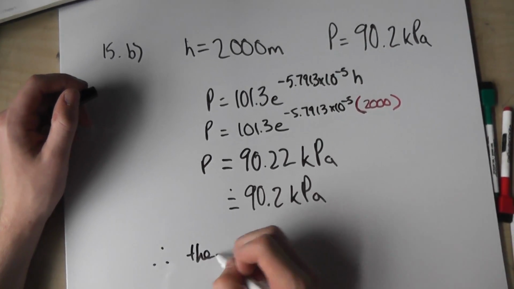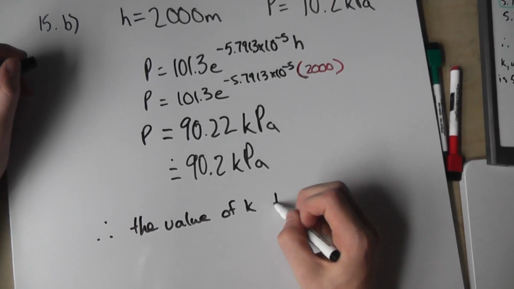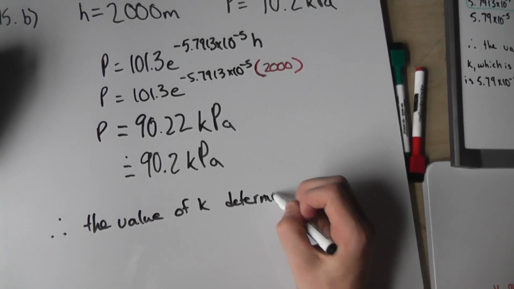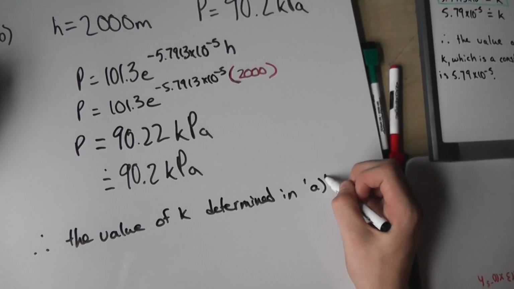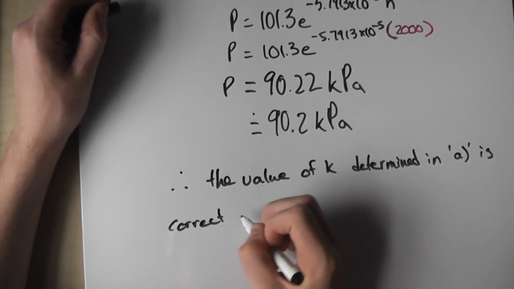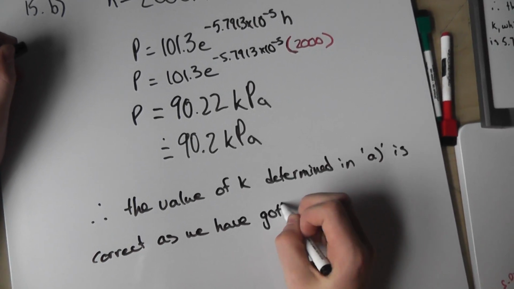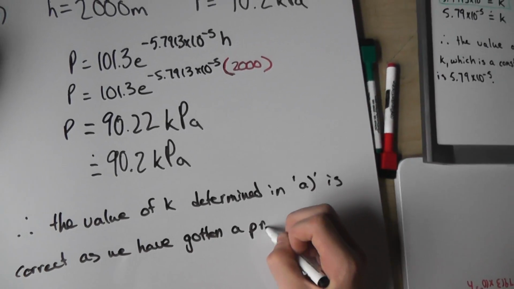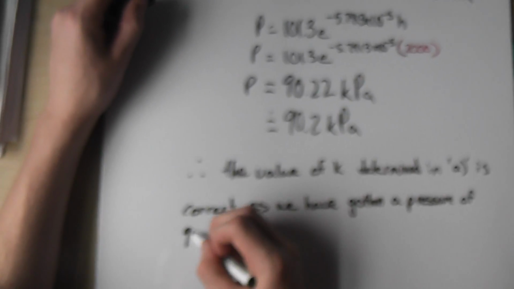Therefore, the value of k determined in A is correct, as we have gotten a pressure of 90.2 kilopascals at 2,000 meters.